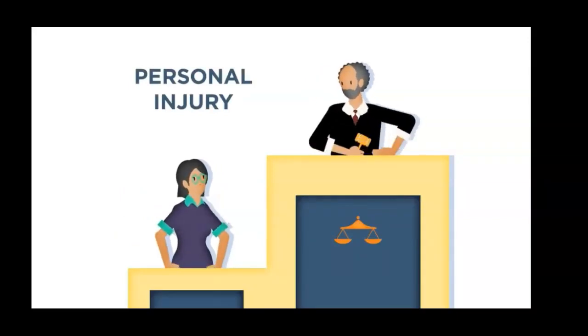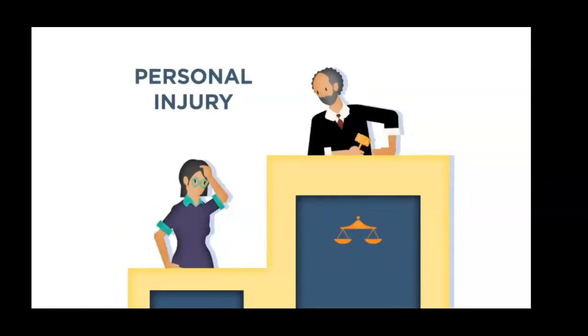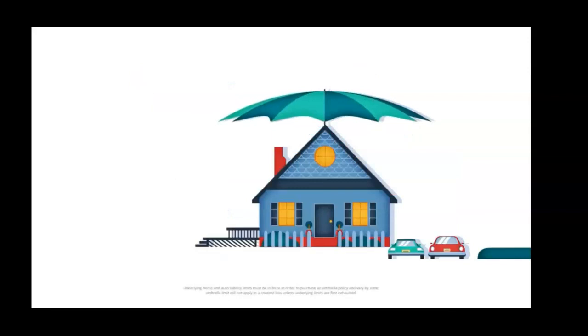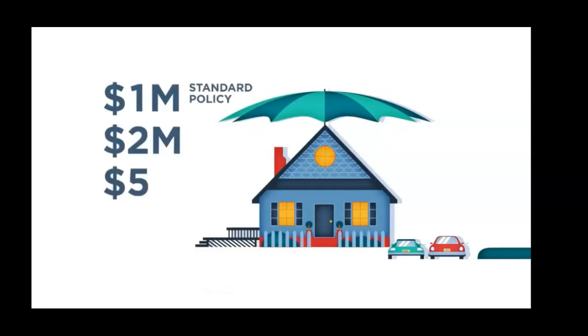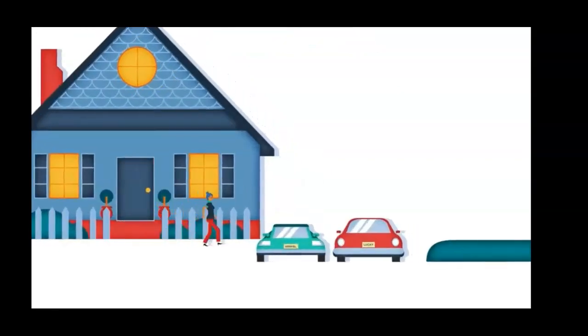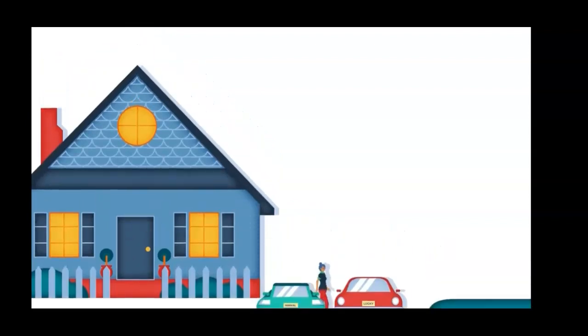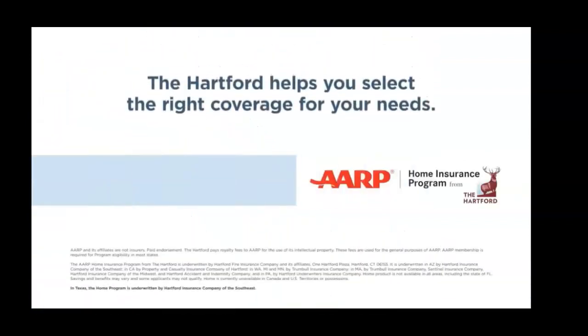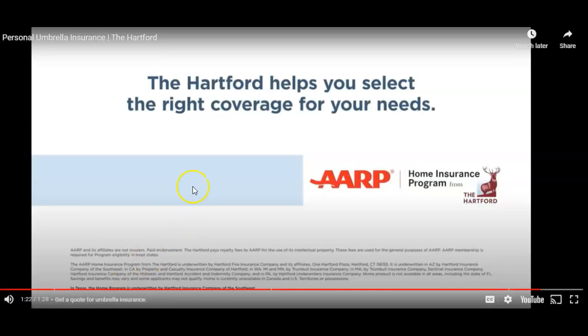If any of these occur and you're held legally liable, umbrella protection can help cover your excess cost, up to $1 million for a standard policy. $2 million and $5 million policies are also available in most states. Just remember, first, you're required to carry certain underlying limits on your home and auto policies. Contact the Hartford to help you determine the personal umbrella protection coverage.